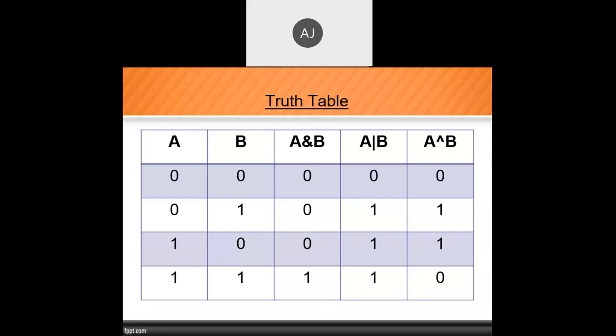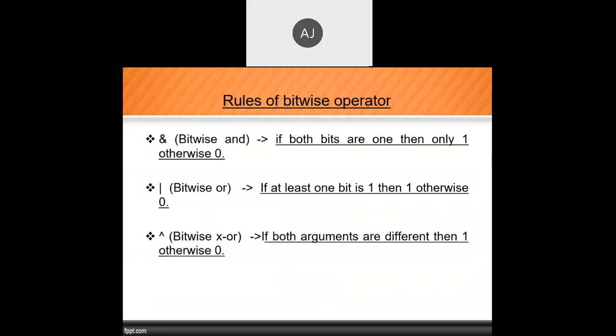Okay. So next one is A XOR B. If two different bits, if the cross bits are available, then we can use the XOR. Here, if both bits are different, then 1, otherwise 0.